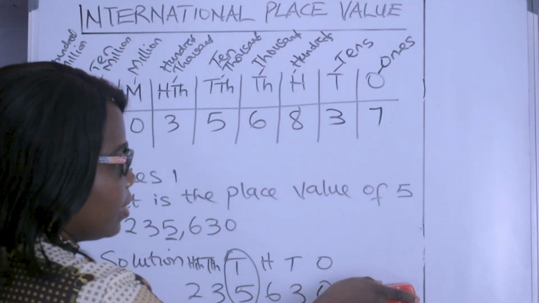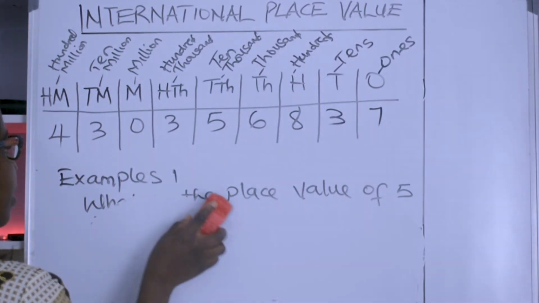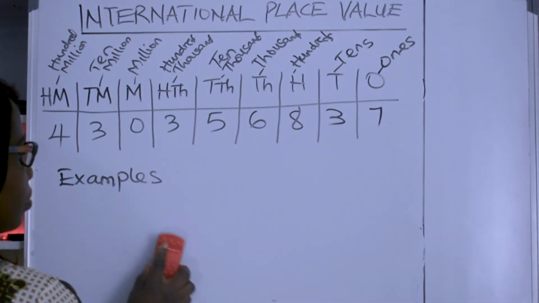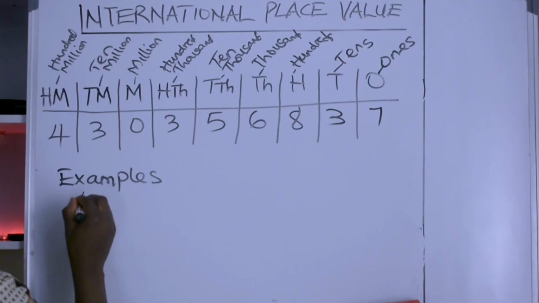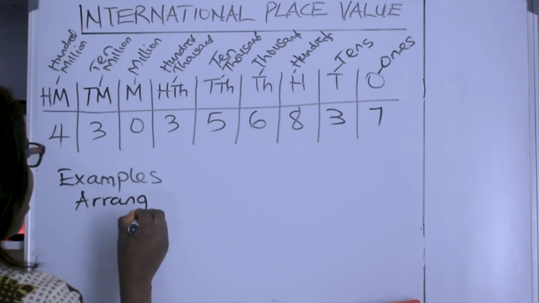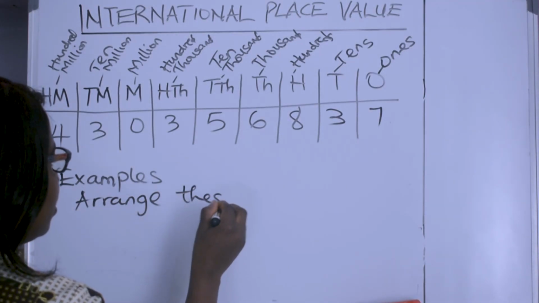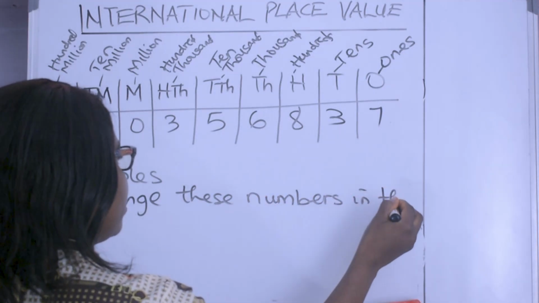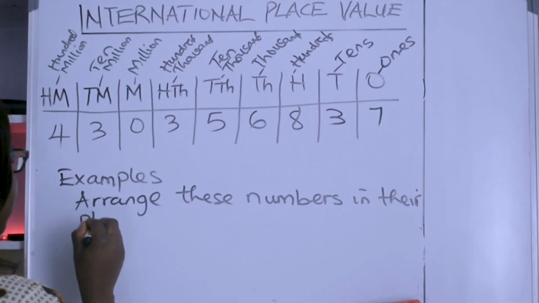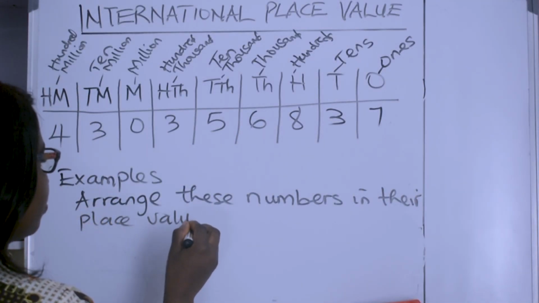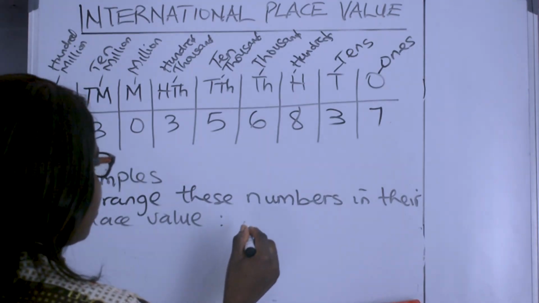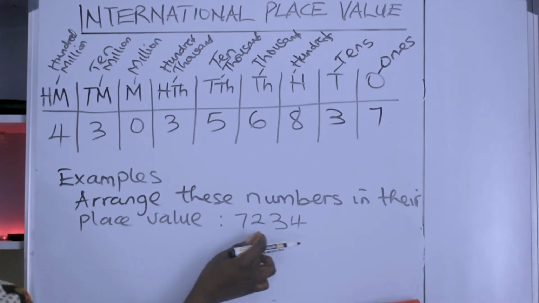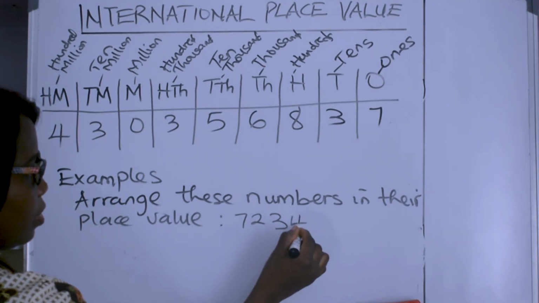Let's take the second example in our place value. Arrange these numbers in their place value. Looking at it is very simple.